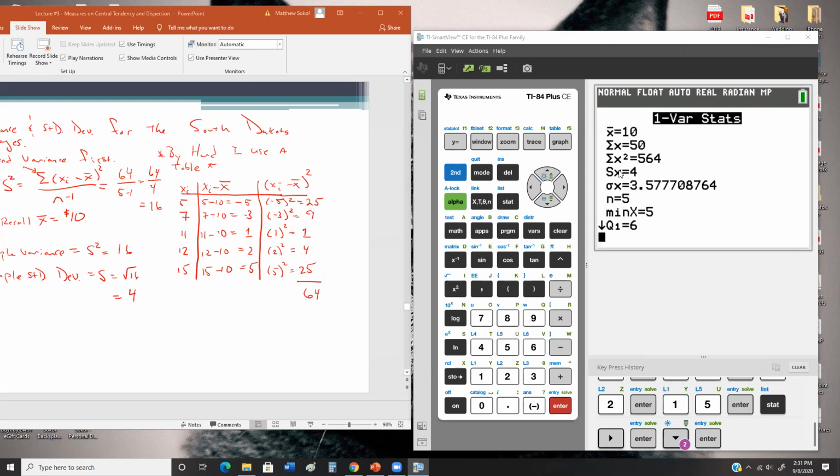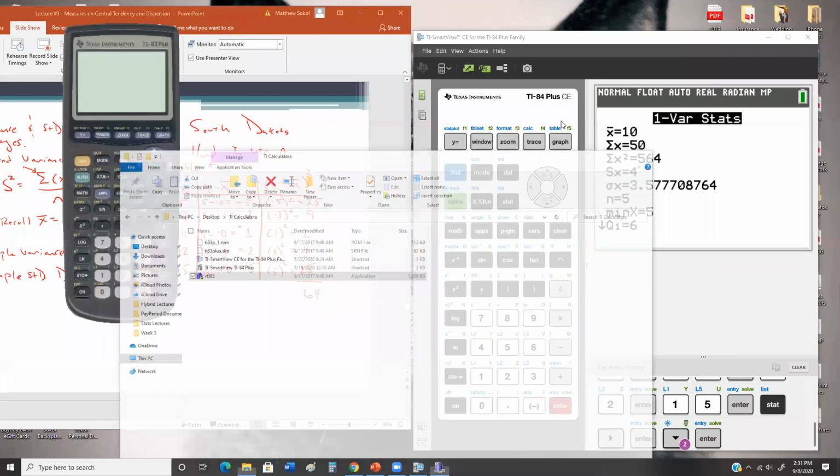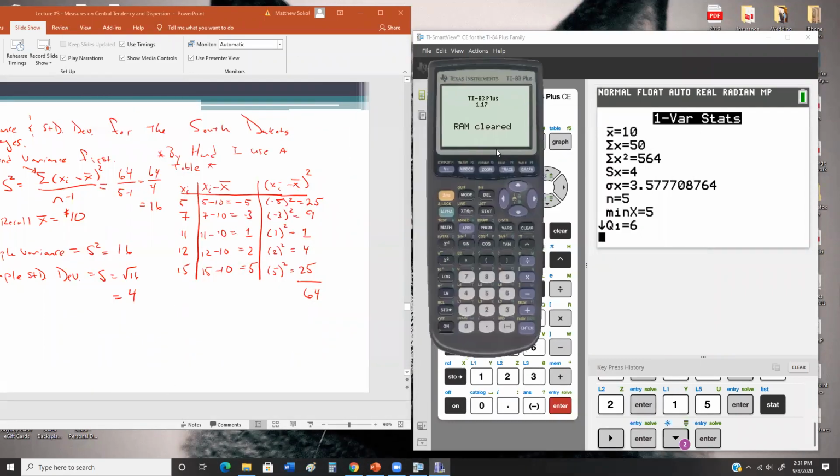You'll notice the TI-83. I'll just show you real quick on the TI-83. Hopefully you can see it right here. You're just going to hit stat. Under number 1, you're going to edit the list and type the data in.